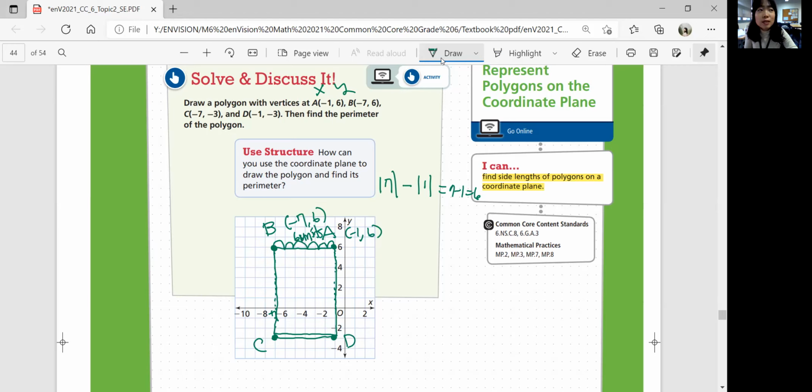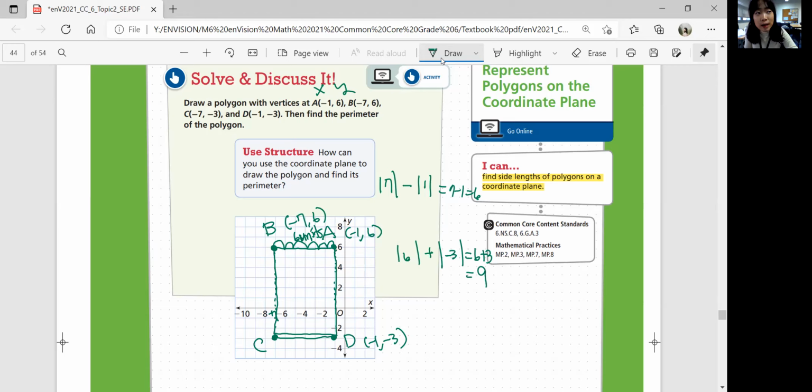What about the vertical distance? You can find the vertical distance between point A and D. D is (-1, -3). You have the same x values. You need to find the vertical distance by subtracting your y values, or subtracting or adding, right? They're in different quadrants. So in this case, you're going to add the absolute values of these y values. So 6 plus 3 will be 9.